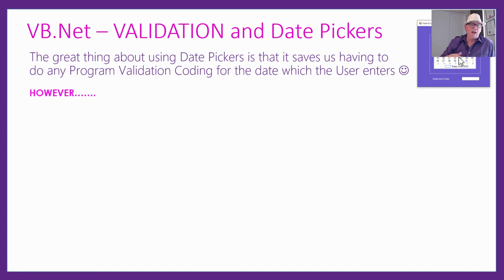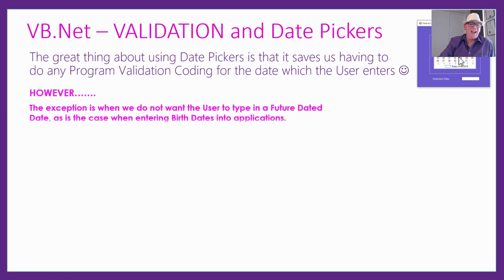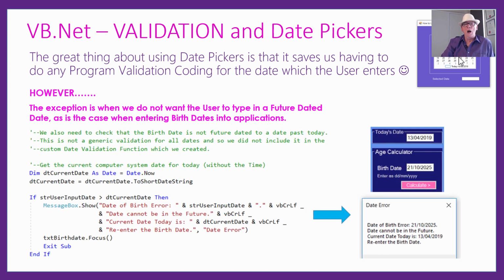But there is, however, one exception, and there's always an exception, and there is always a however. And that is that if you want to have prevention of them picking a future date, so if they're entering birth dates into your application, so they're clicking and picking to get a birth date, we need to stop them picking some date in the future where no one can be born yet.